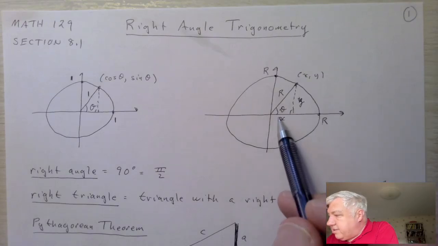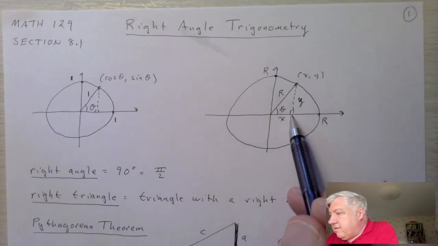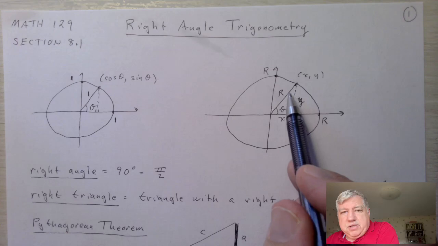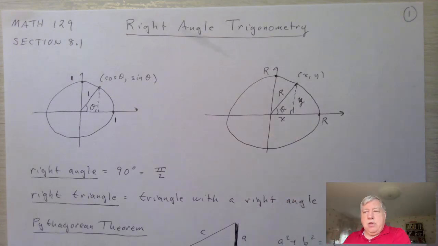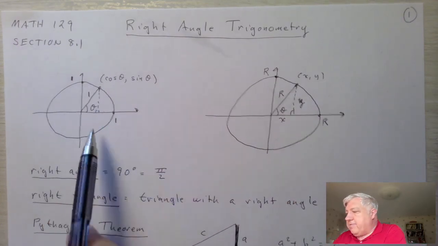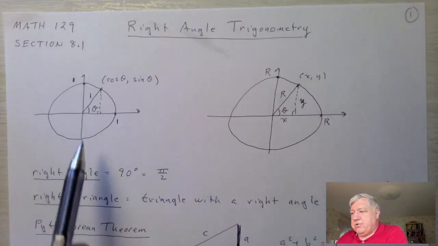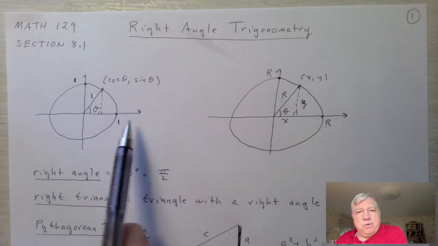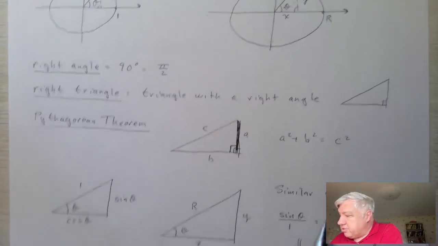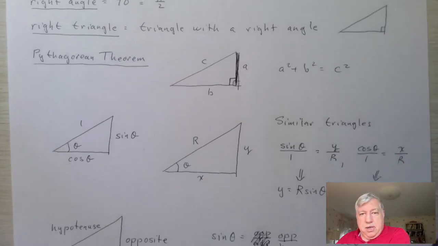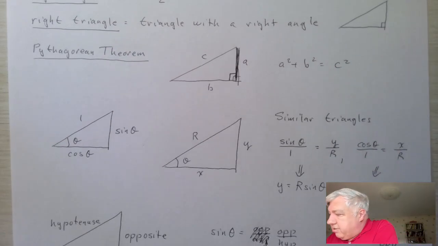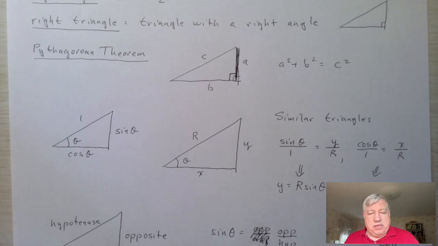And then this is also theta, 90 degrees, and this must be 90 minus theta. So the angles are the same. The sides are not equal, but they're proportional. In other words, they're similar triangles. And with similar triangles, the ratios of corresponding sides must be equal.